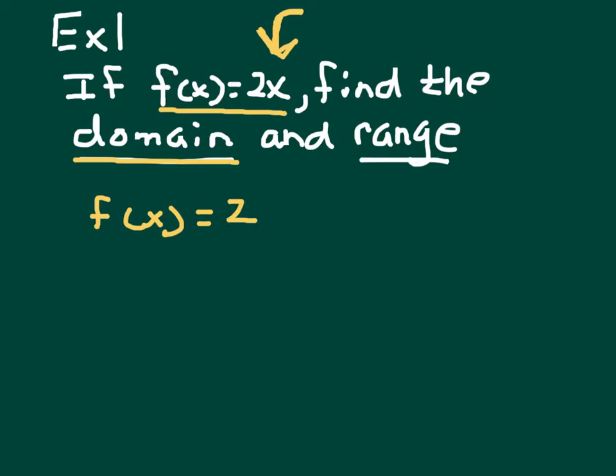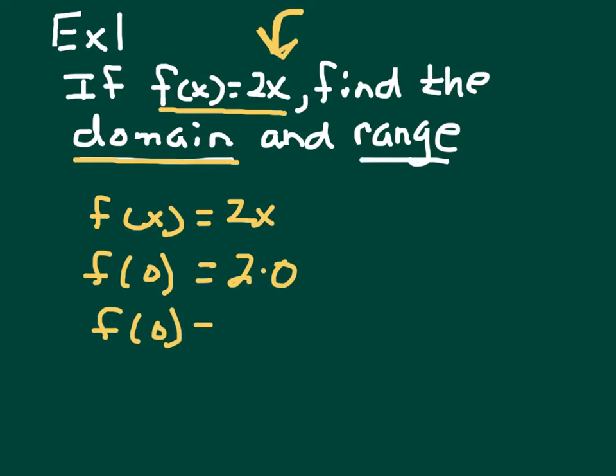It really doesn't matter. If I use 0, I'd have 2 times 0, and the result, or in other words the range, would be 0, because 2 times 0 is 0. So again, domain are the numbers we can put in, range are the numbers that come out of it, or the result of.